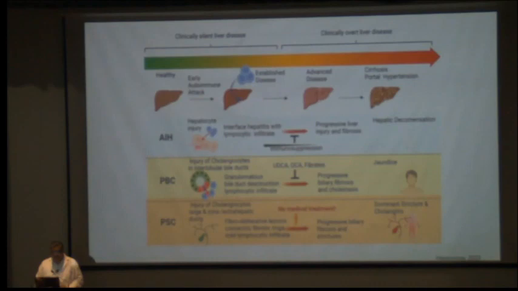In case of AIH, hepatic injury is seen with interface lymphocytic infiltrate, and this is kept under suppression, but once this is lost, it goes into progressive liver injury, fibrosis, and maybe up to decompensation.